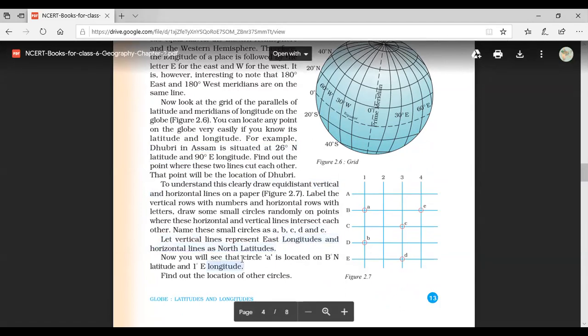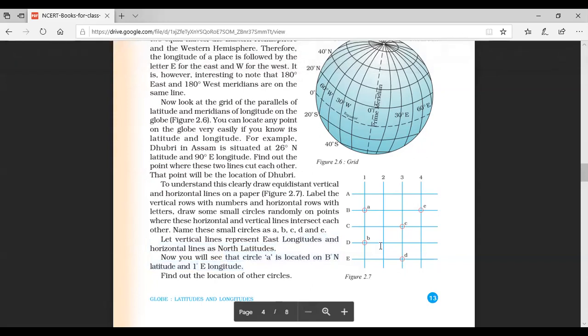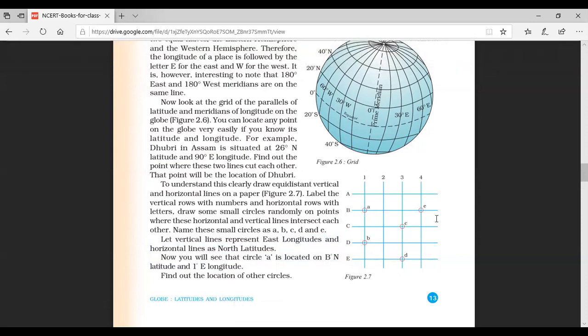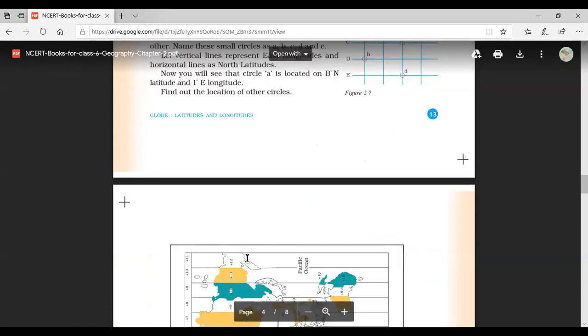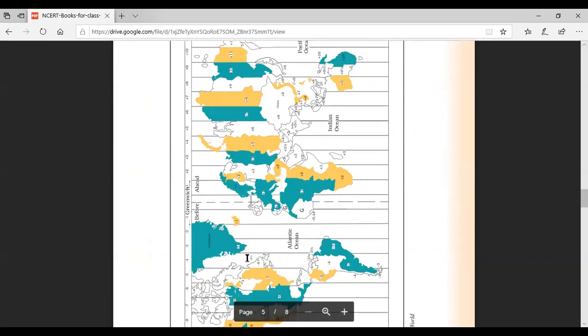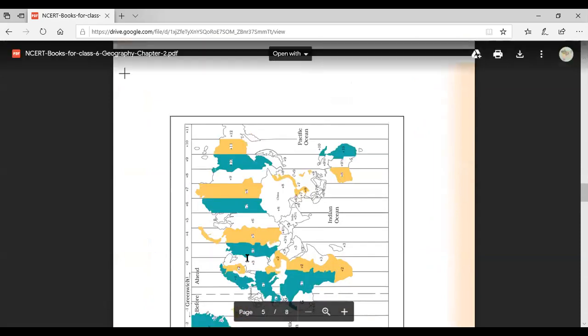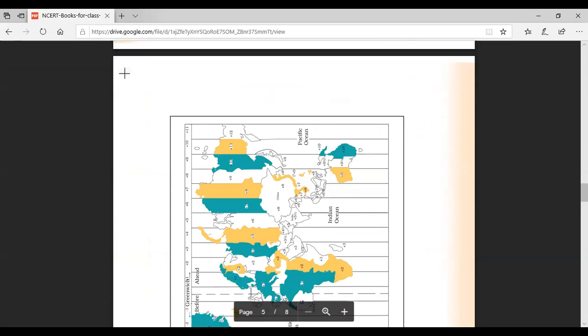Now you'll see that circle A is located on B degree north and 1° east. Alright, so is this much clear to you? So here this is the whole earth. Now I'll explain how you calculate time zones.